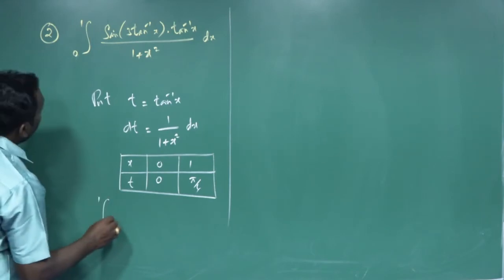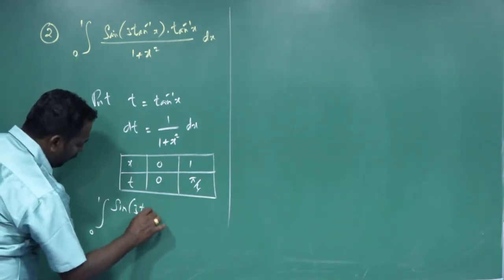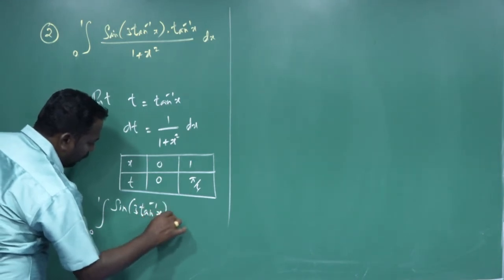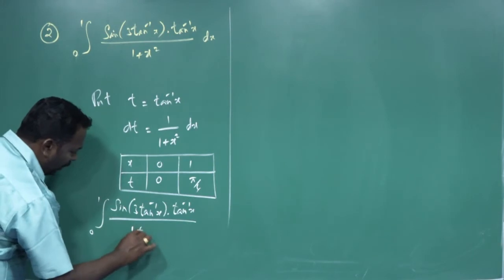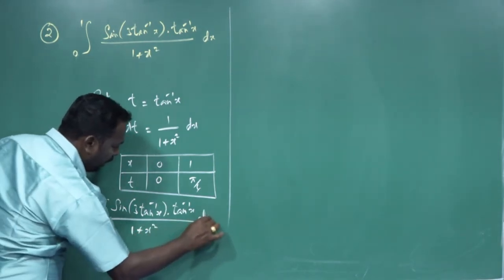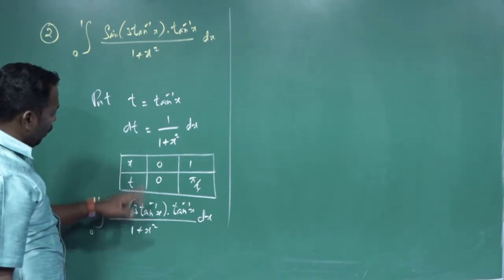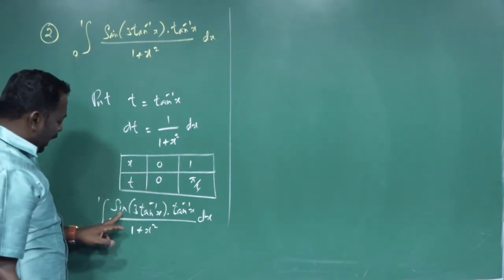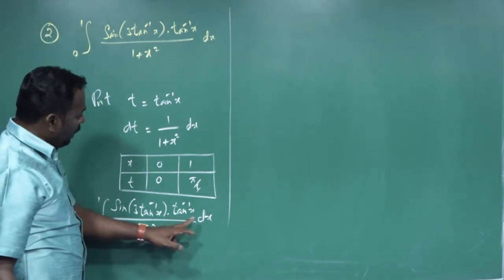integral 0 to 1 sine within the bracket of 3 times tan inverse of x into tan inverse of x by 1 plus x square into dx. Now substitute tan inverse of x equal to t. Therefore sine 3 into t, then dx.